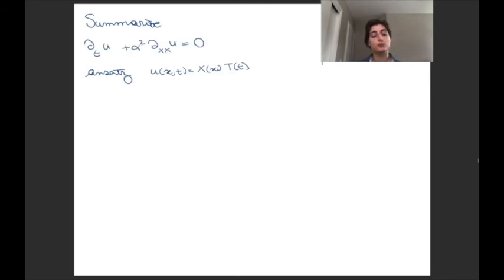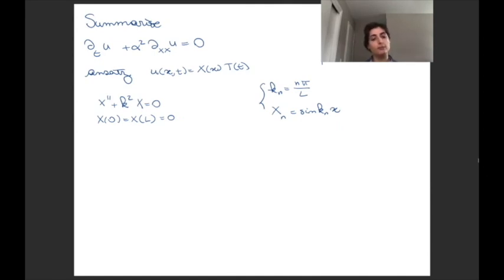To summarize, we have started with a 1D heat equation. We took the ansatz that our solution is a product of two functions, one depending only on x, one depending only on t. We solved the Sturm-Liouville problem associated with this ansatz on the x. We found a discrete series of eigenpairs, so eigenfunctions and eigenvalues. The eigenvalue is k_n squared.